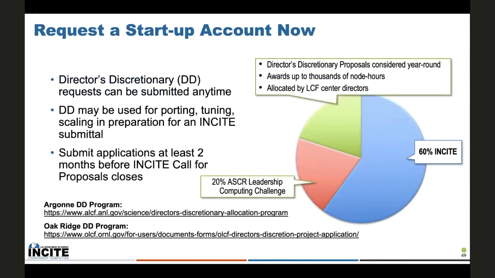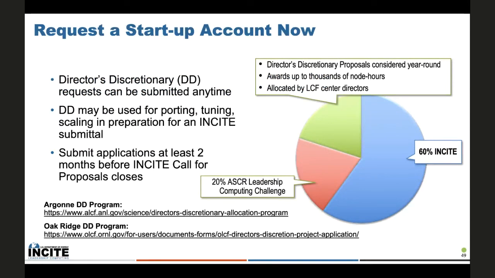Okay, the next one: how to request a startup account now. This startup account is a means of helping users prepare for the INCITE proposal. Those allocations are called Director's Discretionary, DD for short, projects, with the primary goal of porting, tuning, and scaling up codes in preparation for the INCITE submission. You may request a DD allocation anytime during the year, and the process is very straightforward and simple.